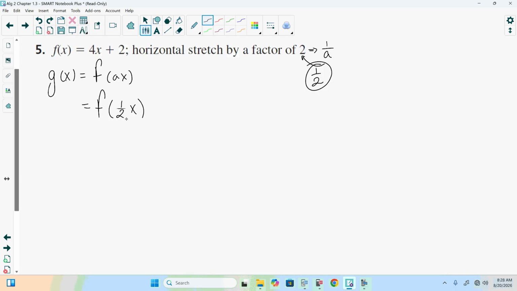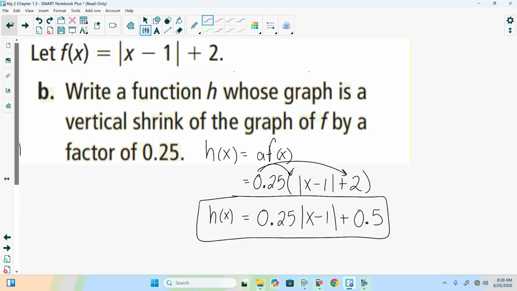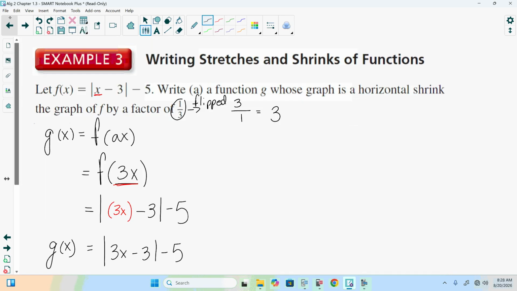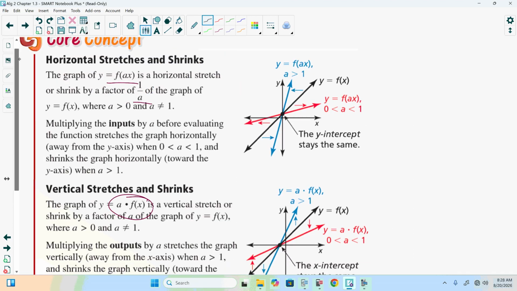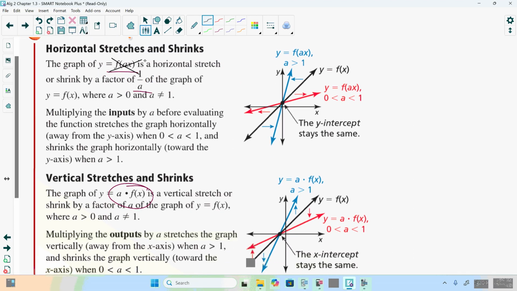Now, if you want, especially on your note sheet, go back to that page and cross that out and say that the general form is f of bx, where b is equal to 1 over a, and specify that, if that helps, to keep track of that.